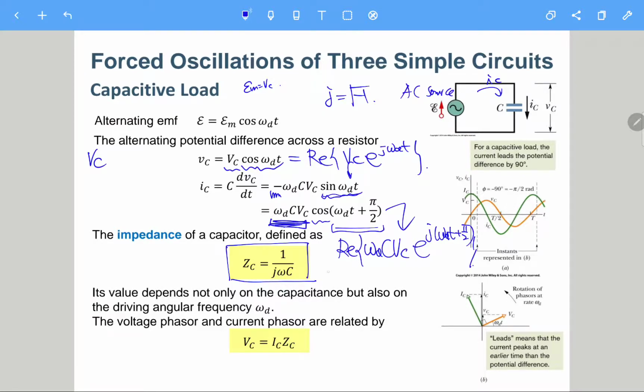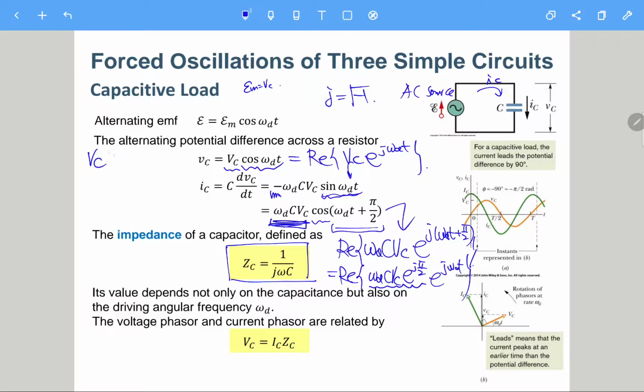So we will say this is the real part of omega d cVc exponential to j pi over 2 times exponential to j omega dt. So we will consider this part to be the phasor.